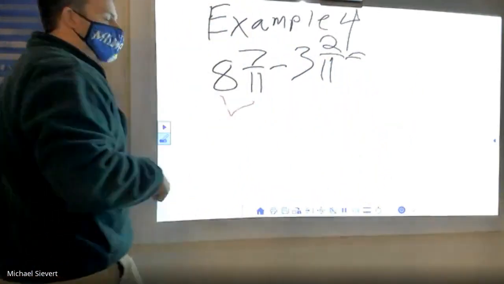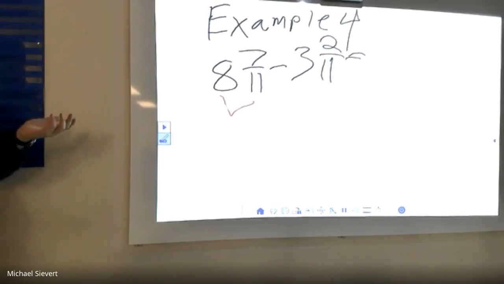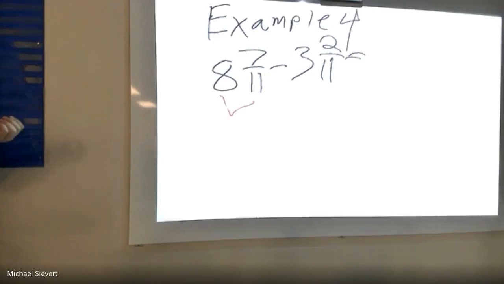We need to change 8 and 7/11 into an improper fraction, which means the top numerator is larger than the denominator. How do you do that? I know some of you, we did this last year, so if you're here from last year, you should remember. We've also had a couple videos on it a couple lessons ago. Daria?